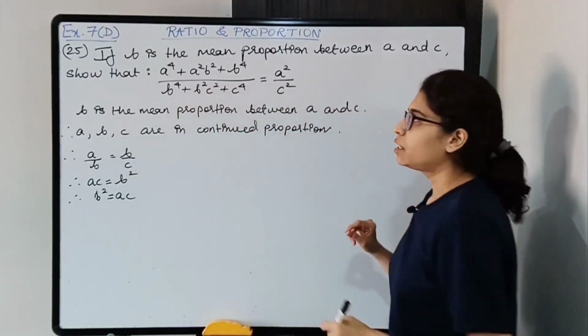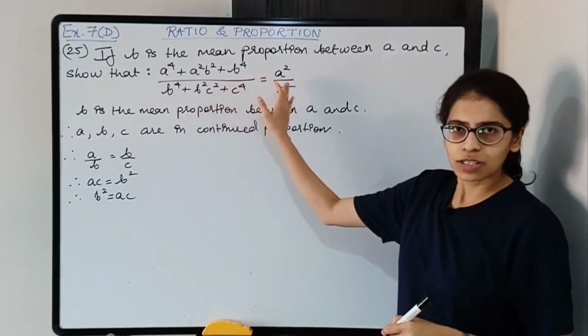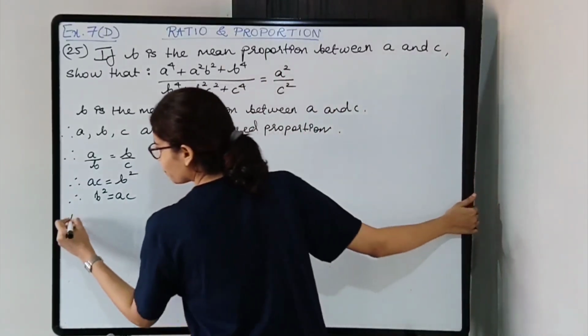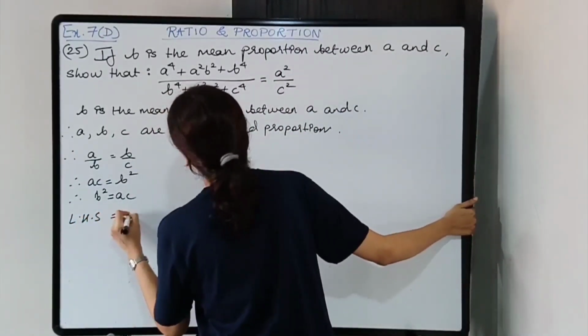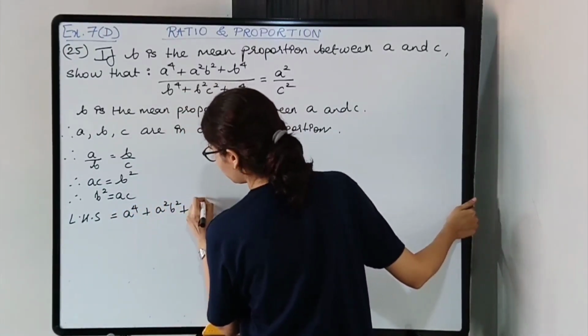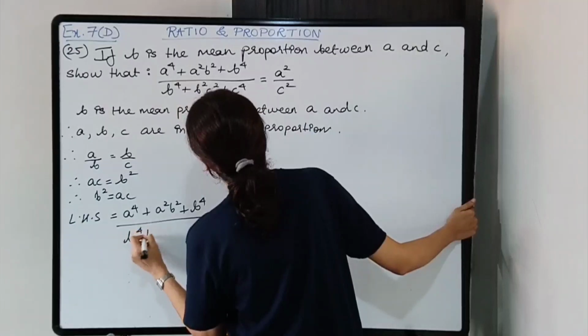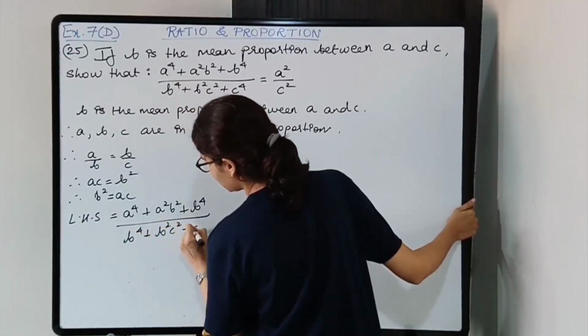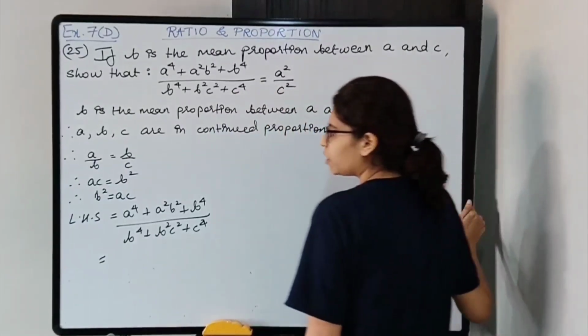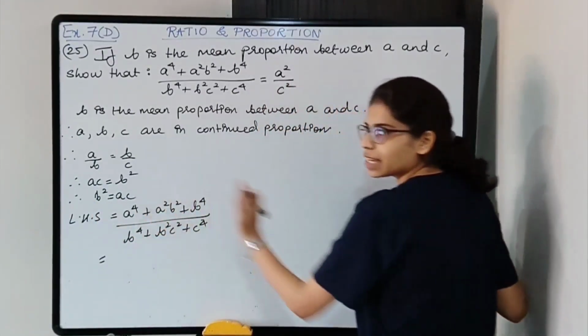Alright, now we'll consider the LHS. RHS is simplified, let us consider the LHS first. LHS is A raised to 4 plus A square B square plus B raised to 4 upon B raised to 4 plus B square C square plus C raised to 4. So wherever we have B square, we'll use AC.